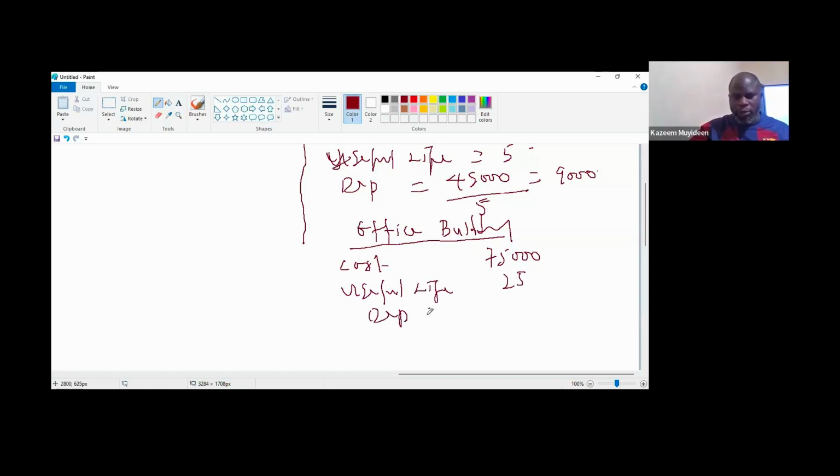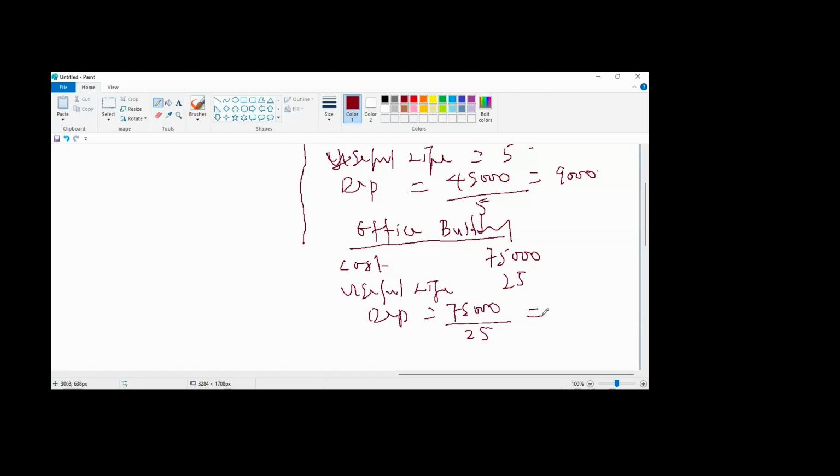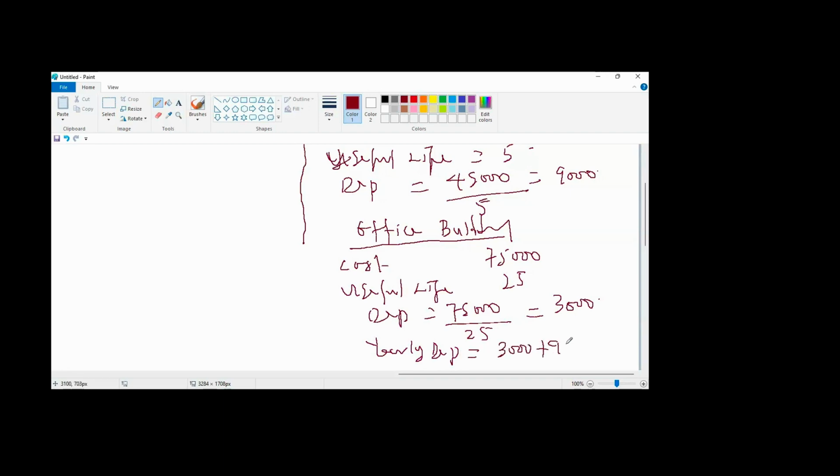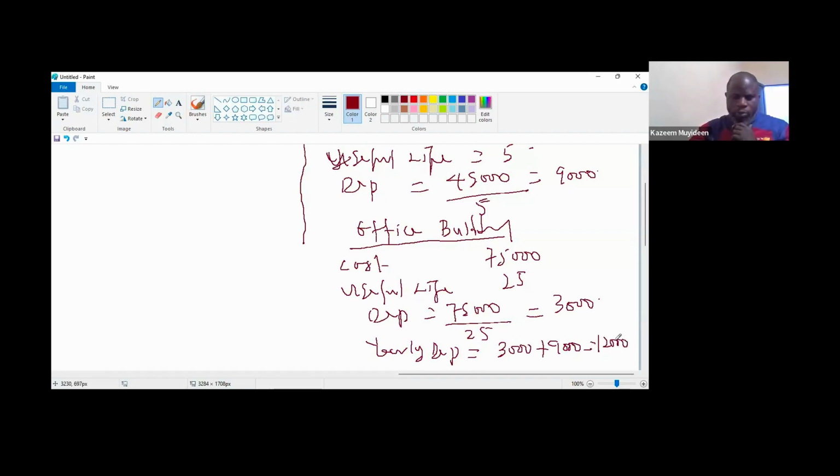So depreciation is 75,000 divided by 25, that is 3,000. So yearly depreciation will equal 3,000 plus 9,000, which gives us 12,000. What do I do to this depreciation? It's an add back, disallowable expense. But let's do the capital allowance.